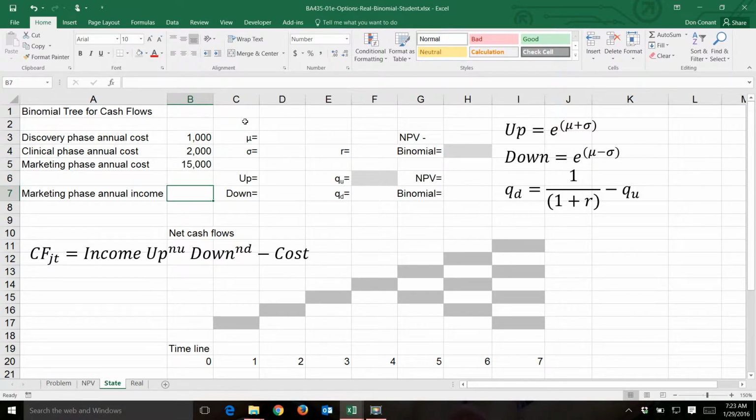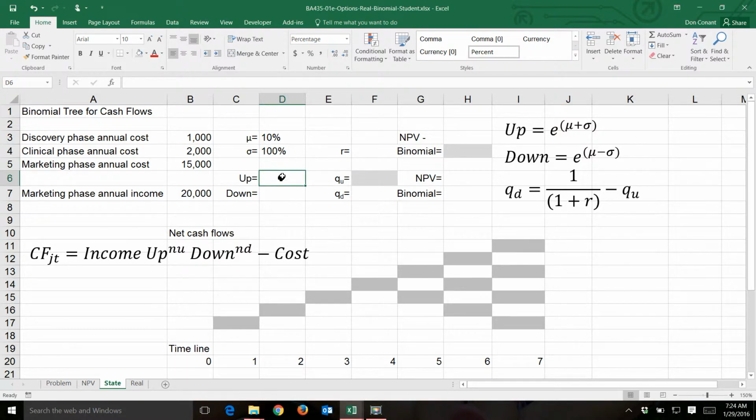Then we have an income section. Only one of the phases has income. That's the marketing phase, and that is $20,000 per year. We were provided with a growth rate, and the average growth rate was given at 10%. And it had a standard deviation according to the problem of 100%.